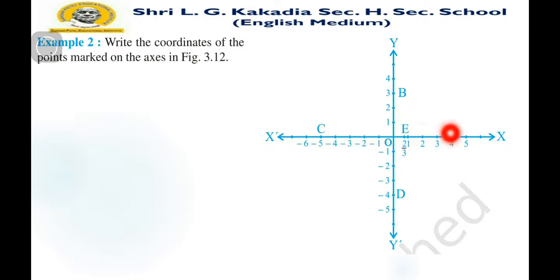But the distance from the x-axis on the y-axis is 0 because it lies on the x-axis, so its coordinate will be x comma 0, and here the value of the x coordinate is 4.